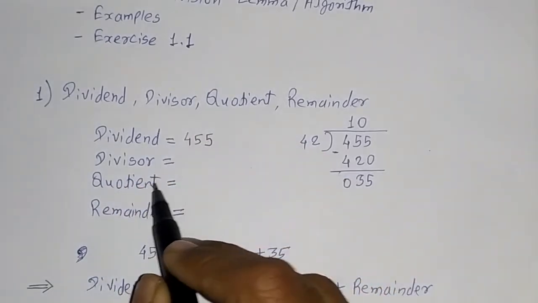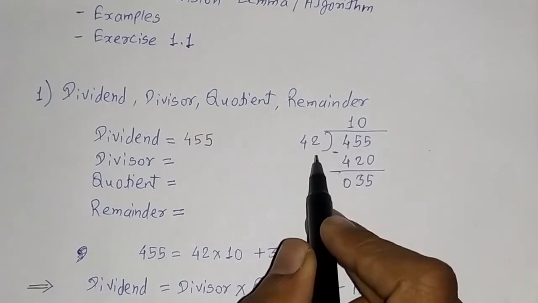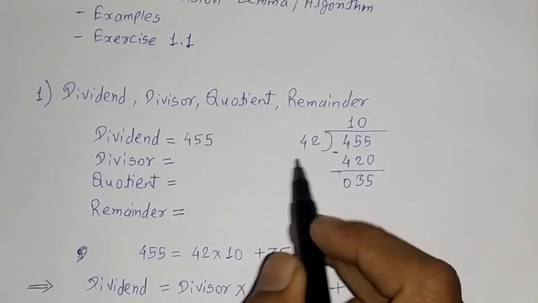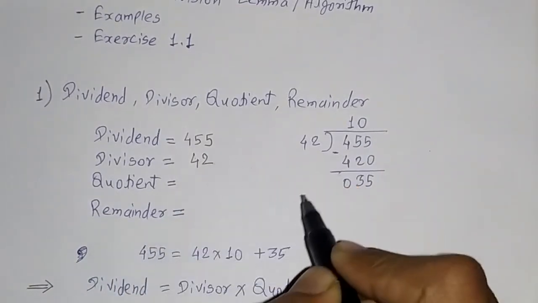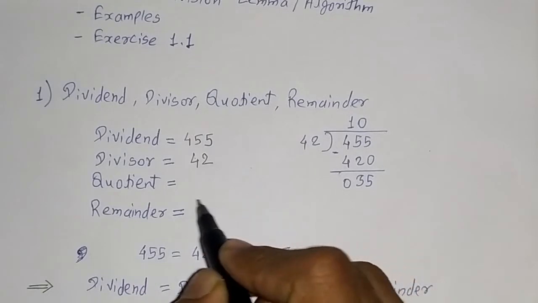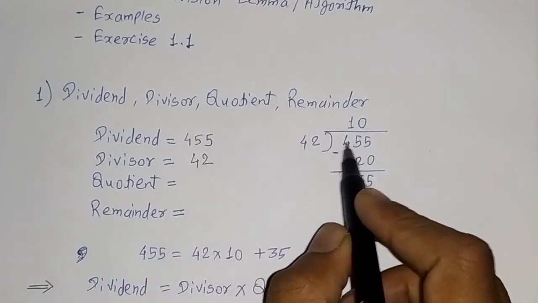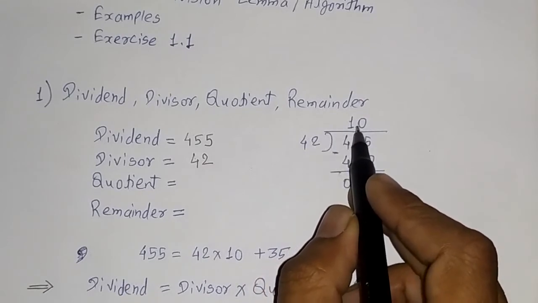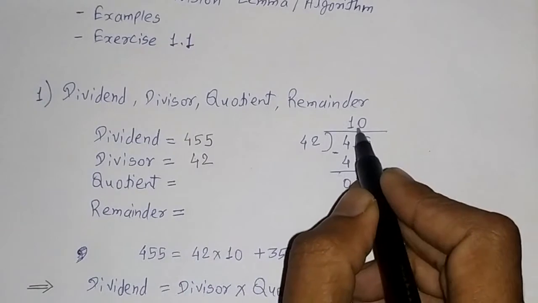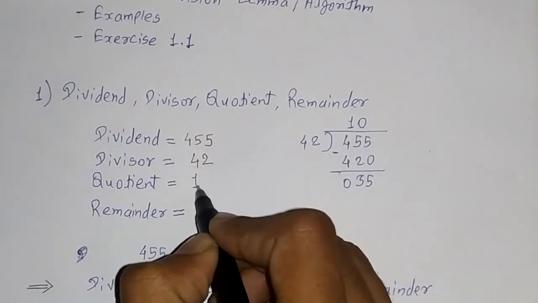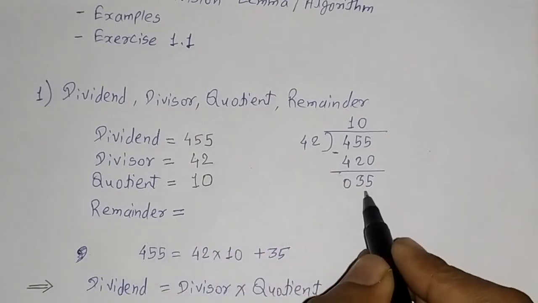What is the divisor? The number by which we divide the given number is called the divisor. So what will be the divisor? It will be 42. Quotient: after dividing the given number by the divisor, we get the answer 10. So quotient will be 10, and remainder is 35.